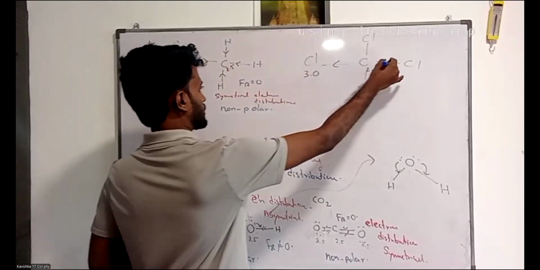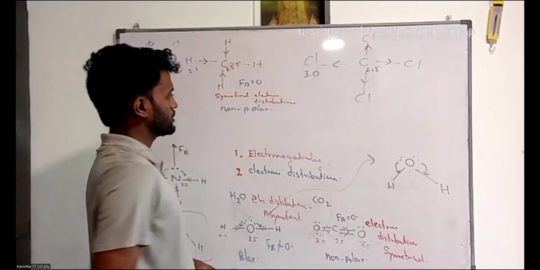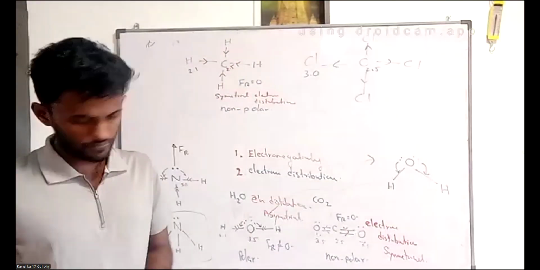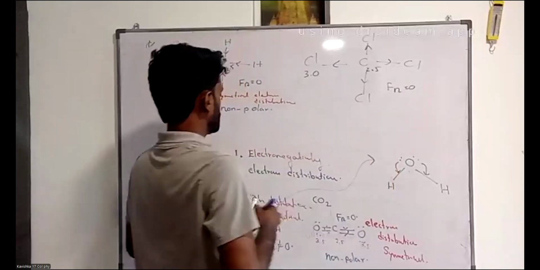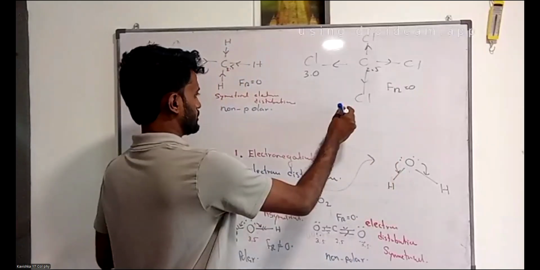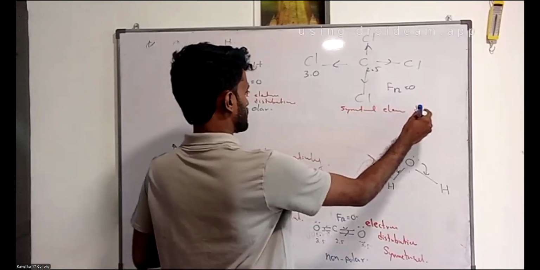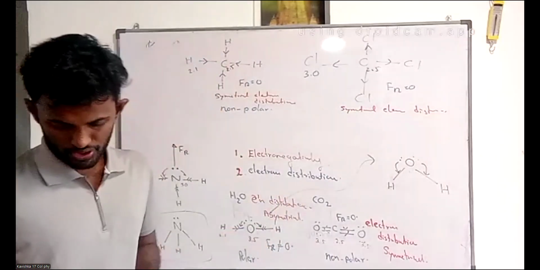So there is electron attraction towards chlorine, but the electron distribution is symmetrical. So because of that, there is no resultant force. So symmetrical electron distribution. So this is methanamine.